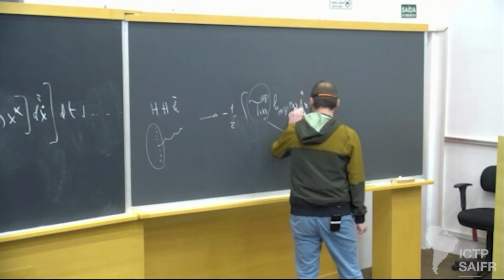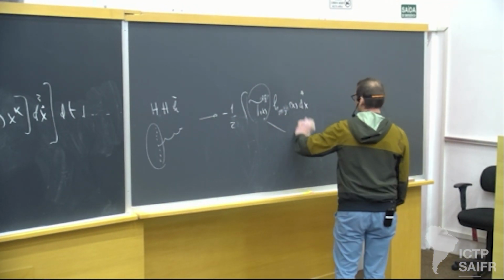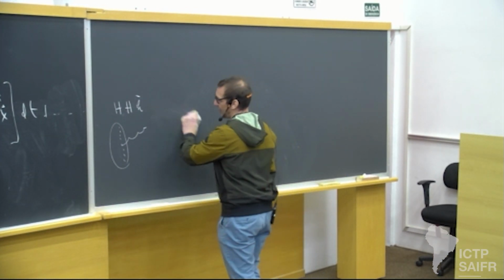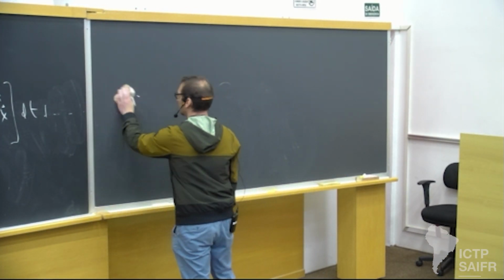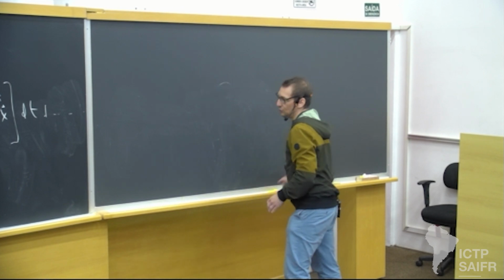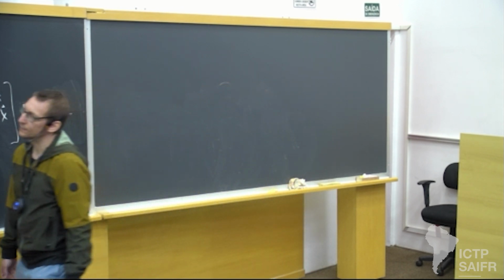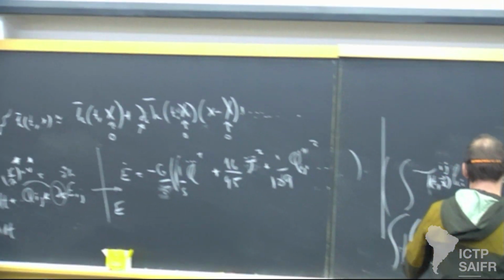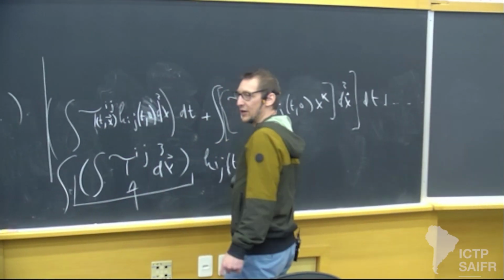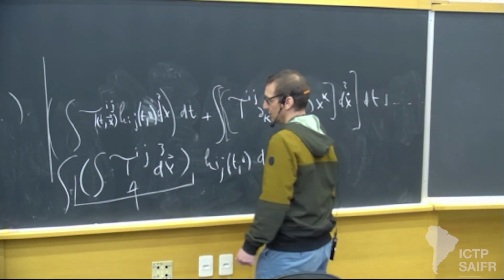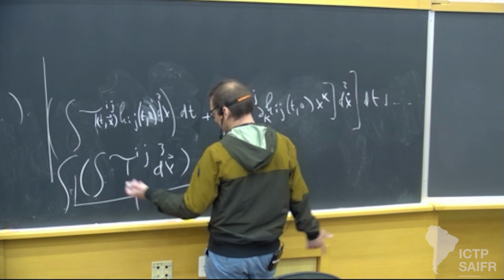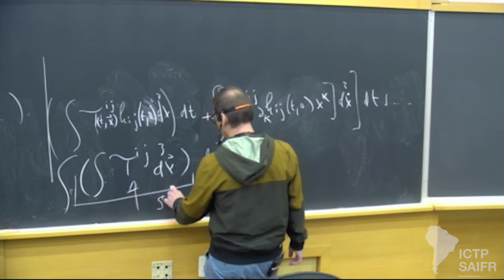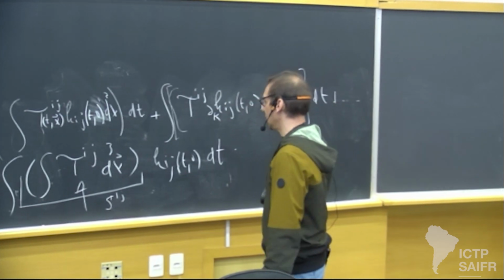So now, I'm going to use some tricks. Let me emphasize that I don't have to do this. You can always go here, call this whatever you want to call it. Call this guy, I don't know, Sij, and it couples to Hij.